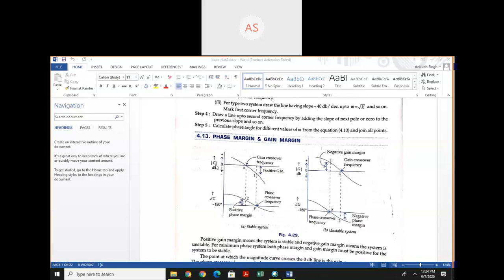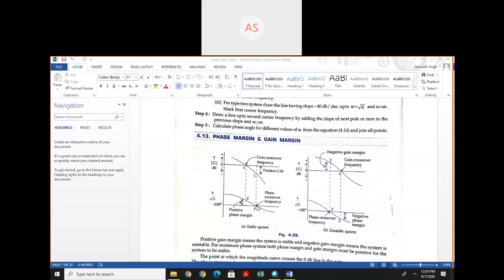When the magnitude of G(jω)H(jω) is 0 dB, then this frequency is known as gain crossover frequency, or we can say that when the magnitude plot is 0 dB, the corresponding frequency is known as gain crossover frequency.